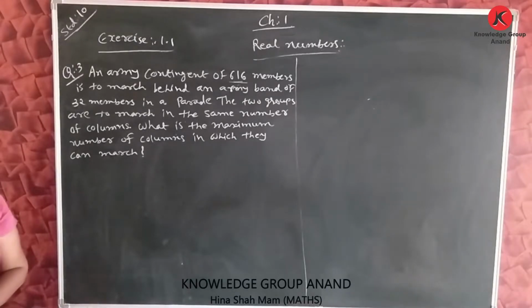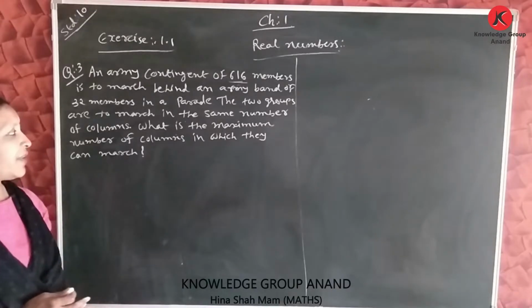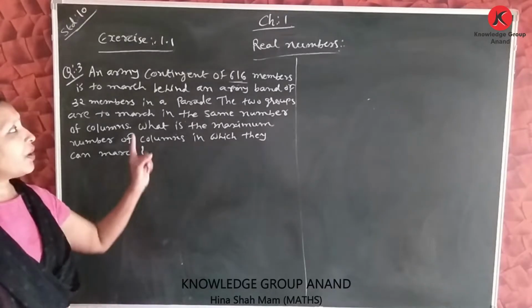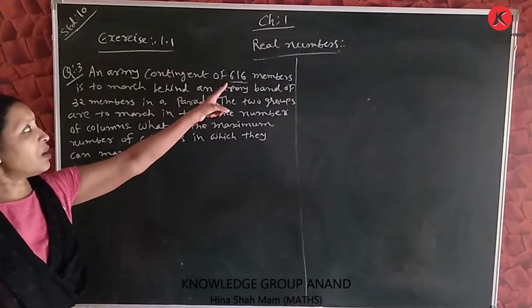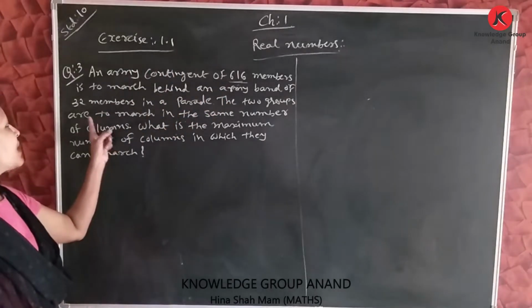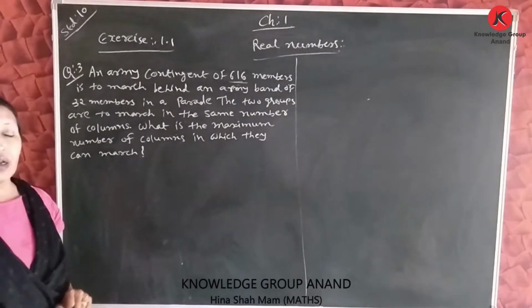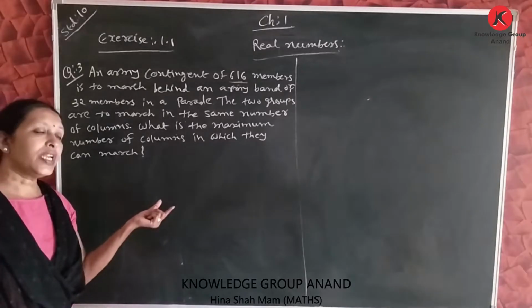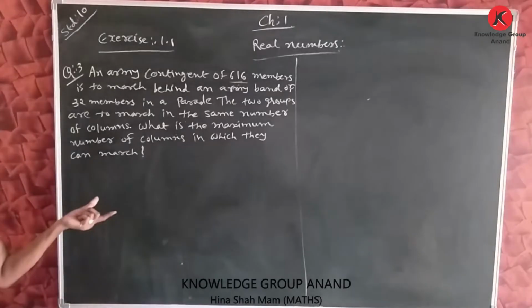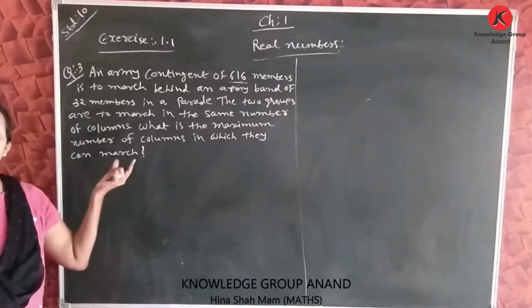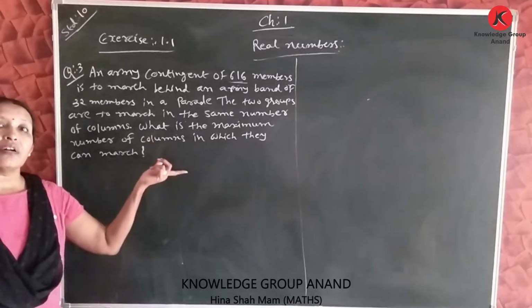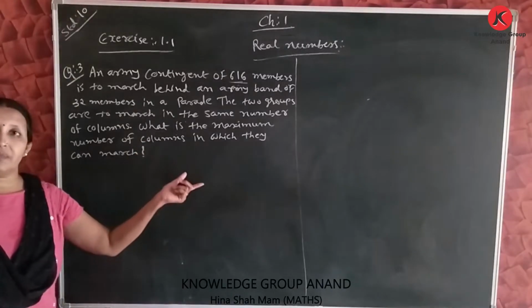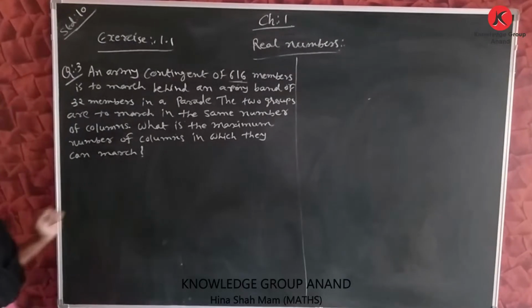Here we want the maximum number, therefore we find the HCF, the highest common factor, of 616 and 32. By which method? We used it in the last lecture, the division algorithm lemma.